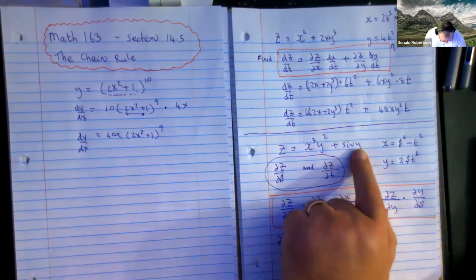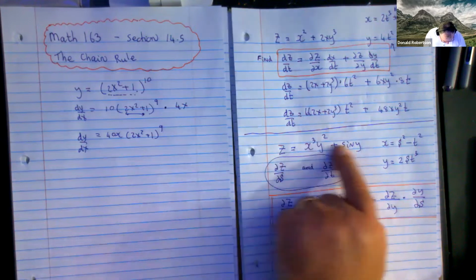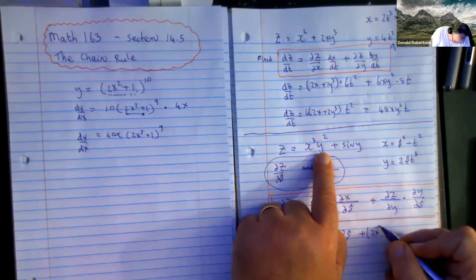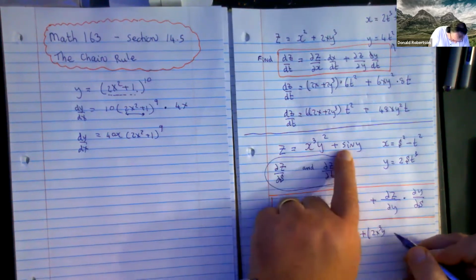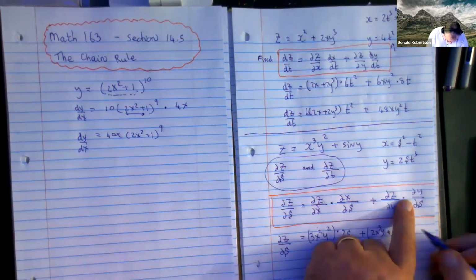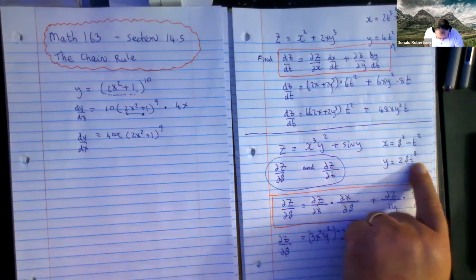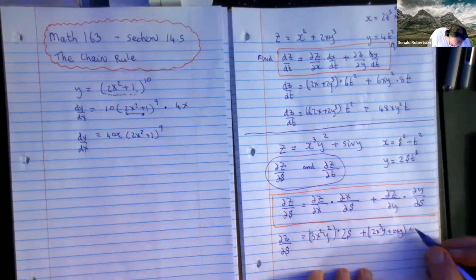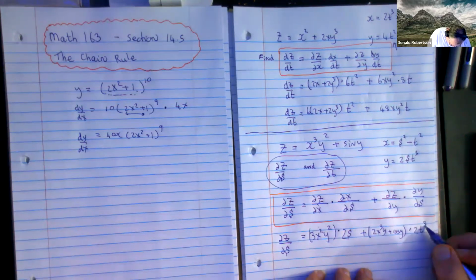Now, if you go back and you do the same function, but differentiation with respect to y, you get 2x cubed y from this bit, you get a cosine y from this bit, and then you multiply by the derivative of y with respect to s, which gets you 2t cubed.